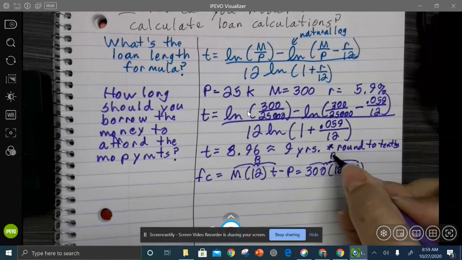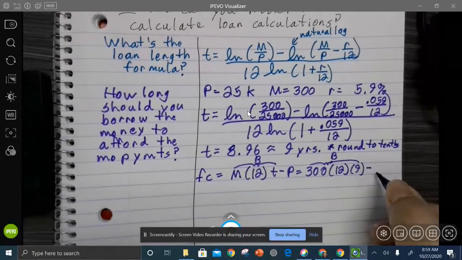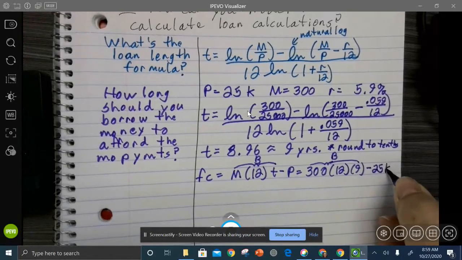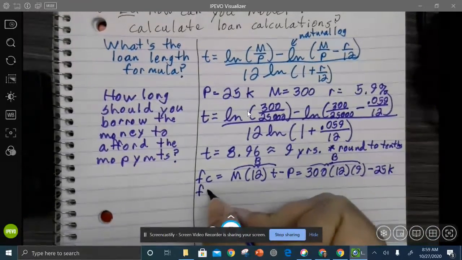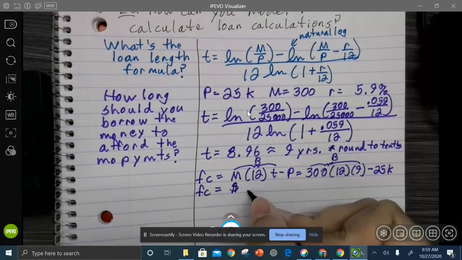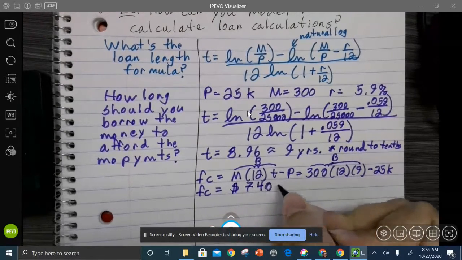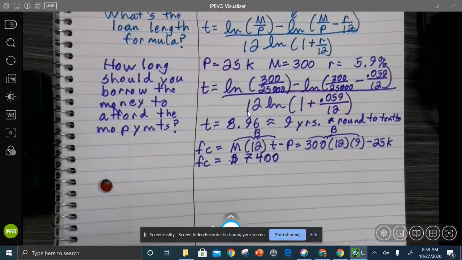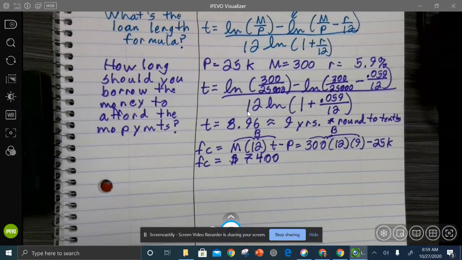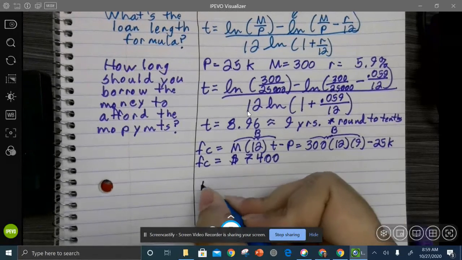Okay, so remember, everybody, that's the balance minus 25,000. So we get the finance charge. It's going to be 7,400.